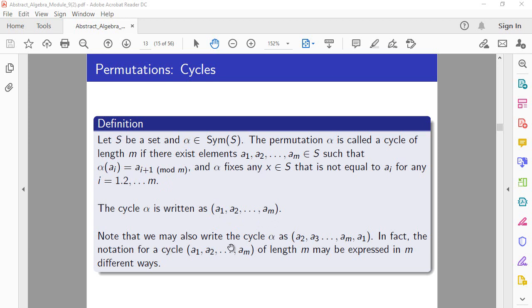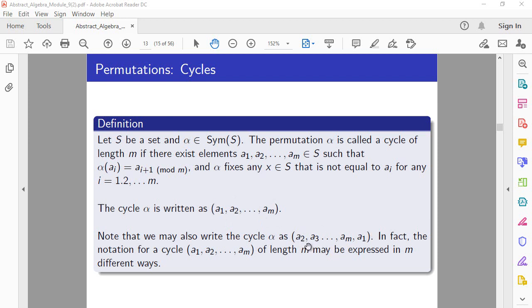Note that we may also write this cycle differently. So this is a permutation where a1 goes to a2, a2 goes to a3, and so on, and at the end am goes back to a1. Now this same cycle can be written as (a2, a3, ..., am, a1).